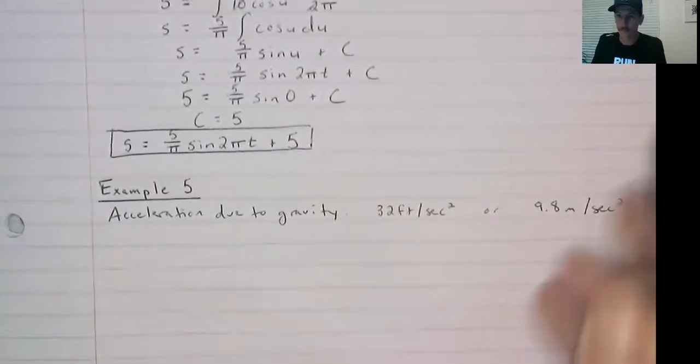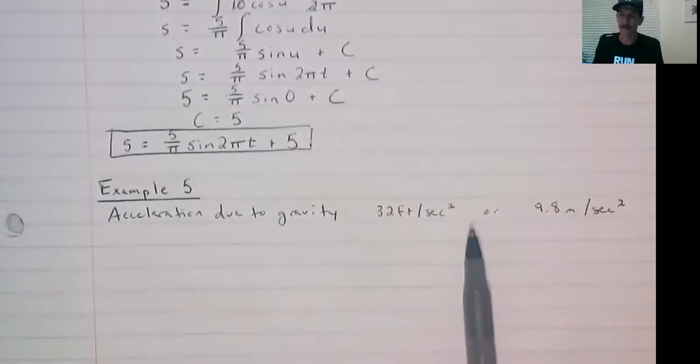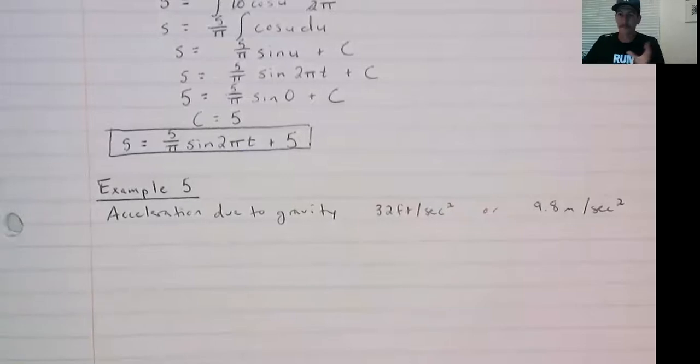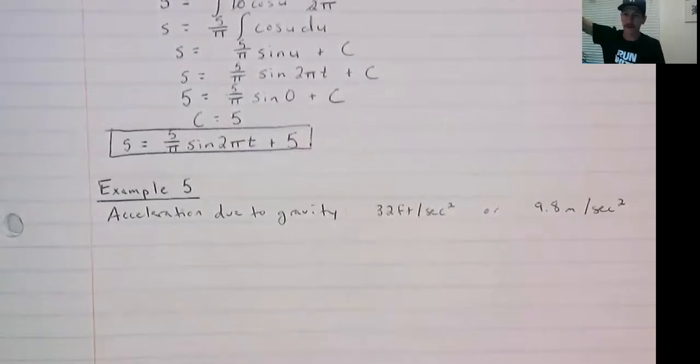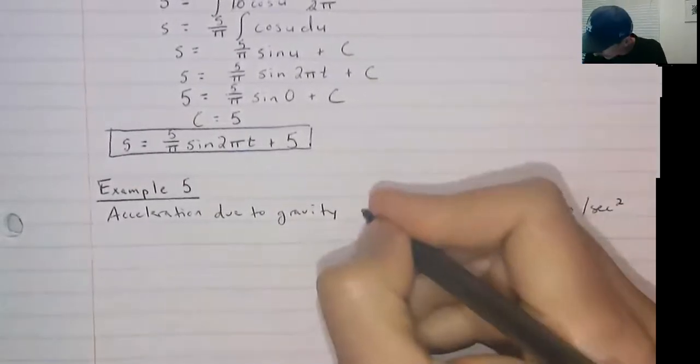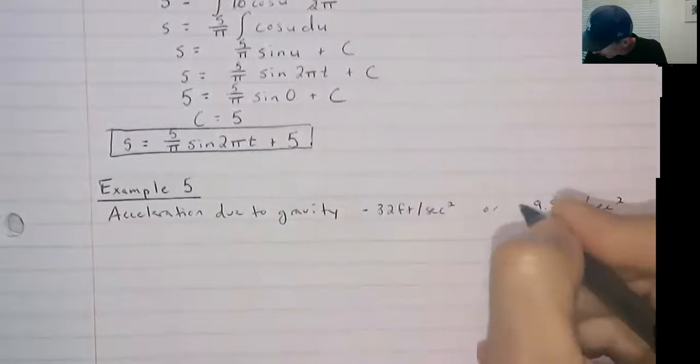But then here's the tricky part. Think about acceleration. Think about how gravity is acting on objects. The Earth is pulling things towards it. So acceleration is always going to be negative in terms of up and down. You throw something in the air, acceleration is always acting against it, pulling it back towards Earth. These are both negative quantities.